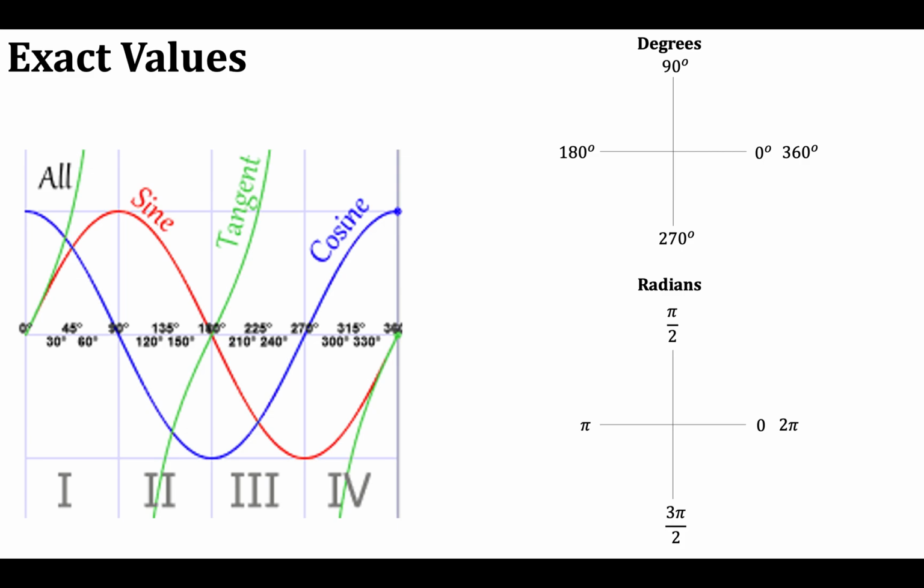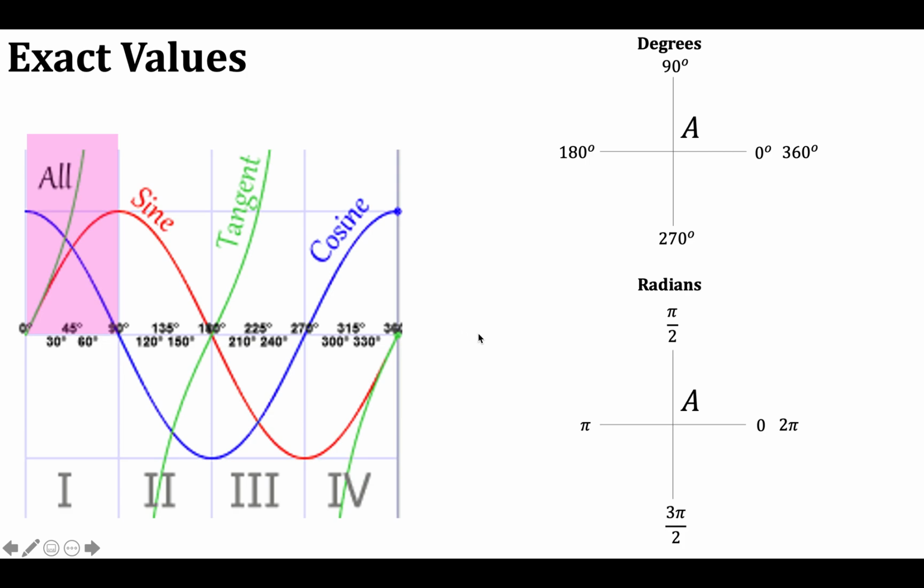In the first quadrant, that's between 0 and 90 degrees, all of the graphs are positive. So all values of the sine, cosine and tangent functions are positive between 0 and 90 degrees.